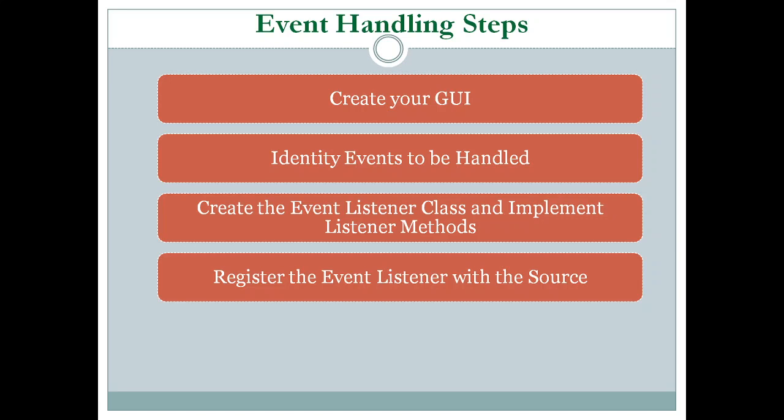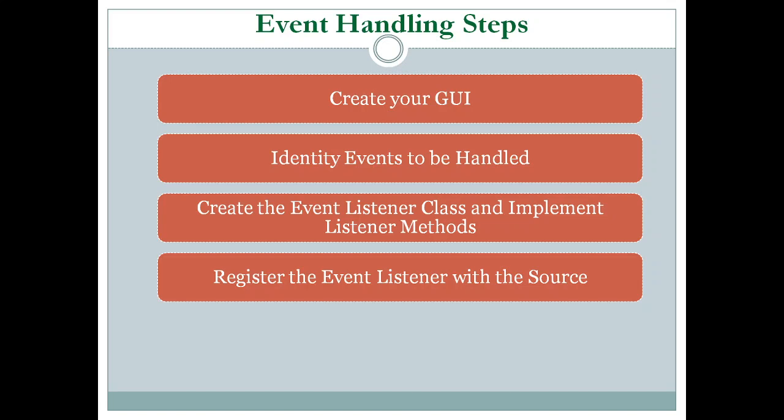Once the events are identified, the next step is to create the listener classes. Listener classes are classes which are used to notify when the event has occurred, and these are the classes which include the code that is executed in response to the event.